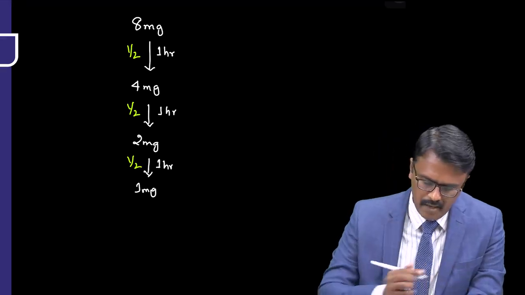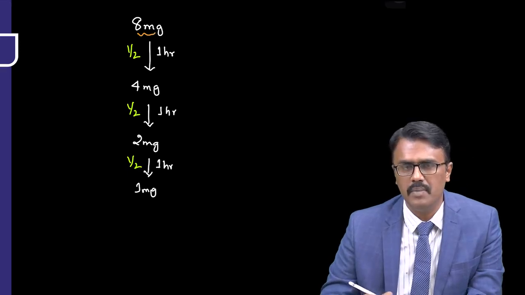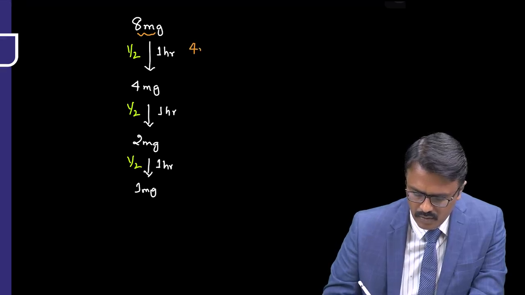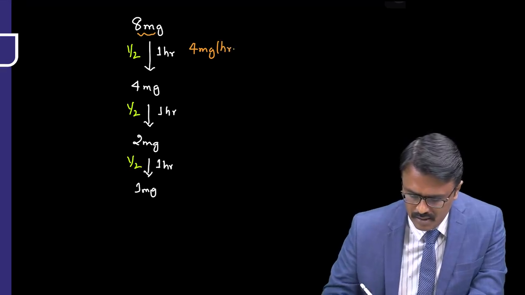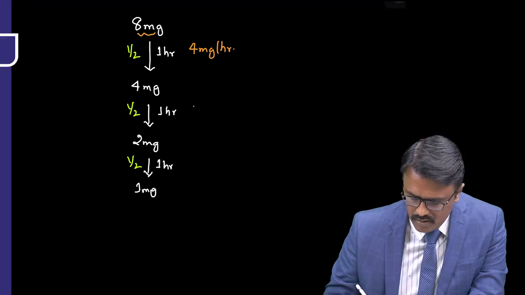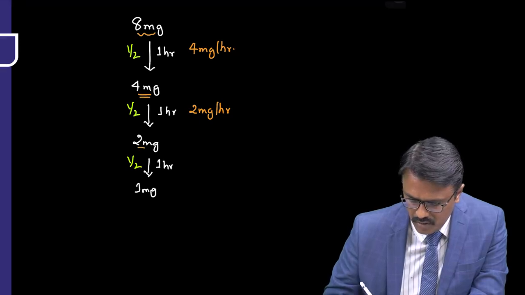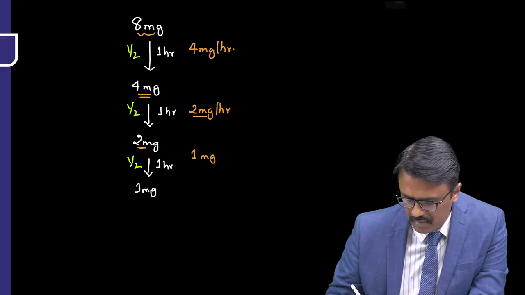Okay, fine, sir. Now, the next important thing is what about the elimination rate? What is the elimination rate? Now, remember how much is going out here? It is 4 milligram going out in an hour. So that is called elimination rate. Here, how much is going out? 2 milligram per hour. So out of 4, 2 remain. Again here, how much? It is 1 milligram per hour.